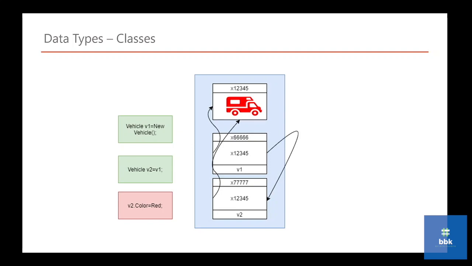And if you understand the difference, you will avoid a lot of bugs in your code where you might change something in a reference type variable thinking that you are changing a different variable, but you are actually changing the actual referenced object in memory. So please try to reflect and understand the difference between these two, and that will help you in the long term.